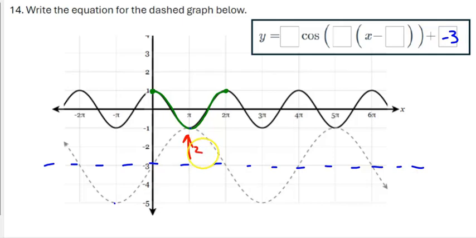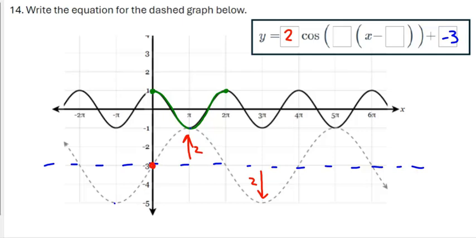The amplitude is 2. And if you look on the y-axis, the graph is not starting at the highest point; it looks like a sine graph instead of a cosine graph.